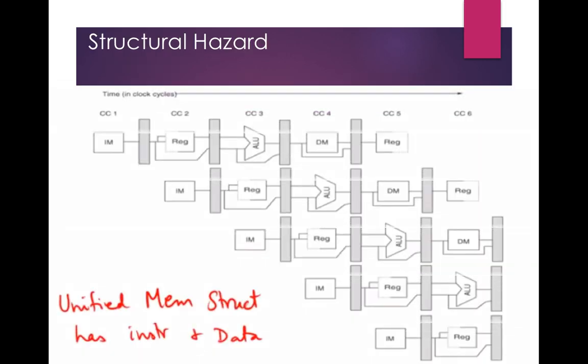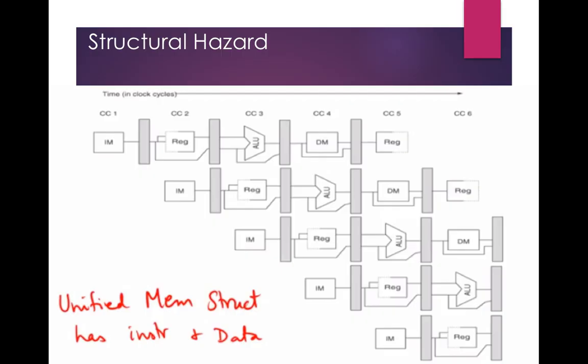So first, the structural hazard. When I look at the five-stage pipeline, initially at clock cycle 1 we fetch the instruction, and the next is the decode part, where we also fetch all the operands that are required. At clock cycle 3 we go for the execution, which is done by the ALU, and at clock cycle 4 we go for storing the data into the memory, and clock cycle 5 again stores the result back into the registers according to the instruction.